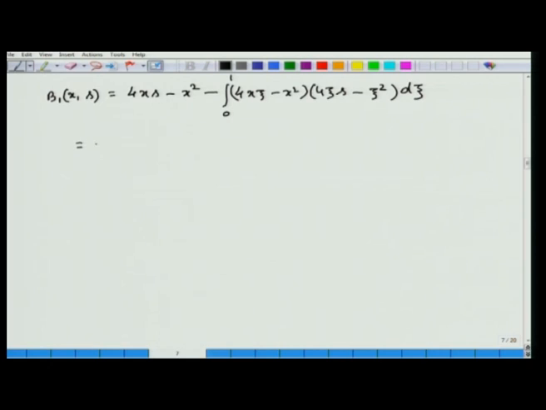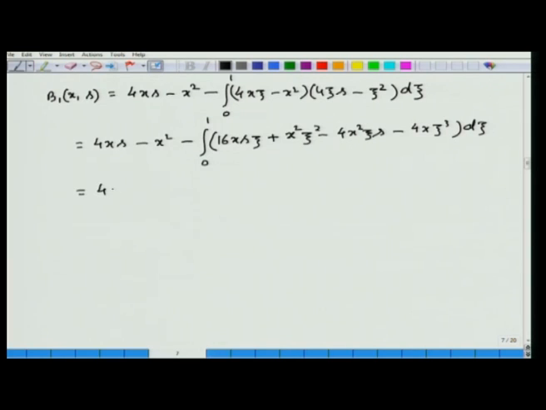This will be equal to 4xs − x² minus integral 0 to 1 of (16xsξ² + x²ξ² − 4x²ξs − 4xξ³) dξ.